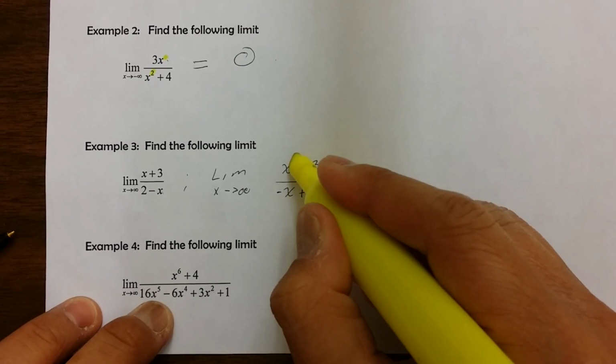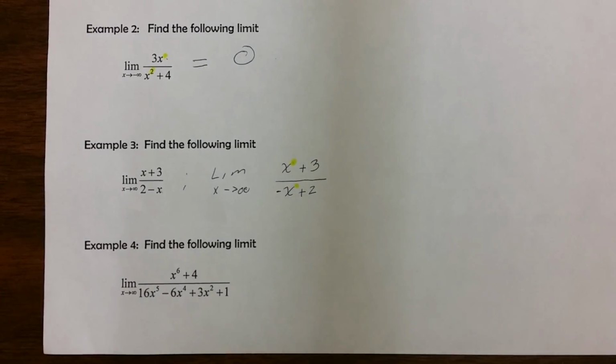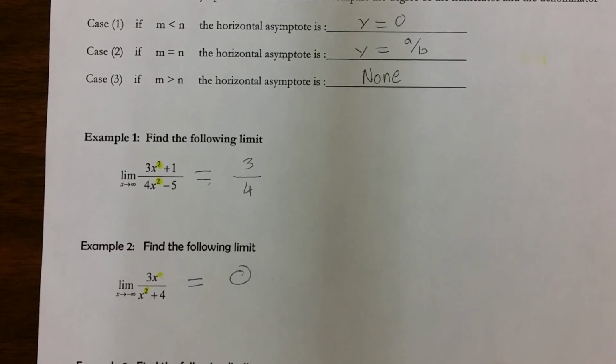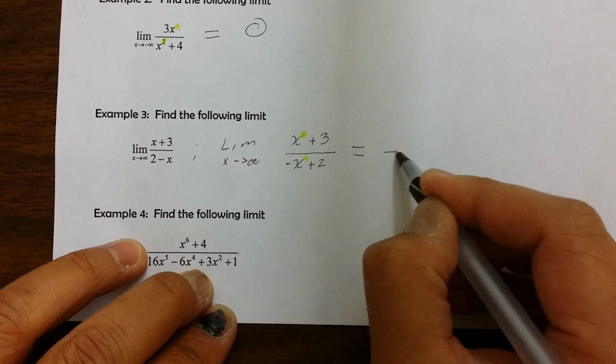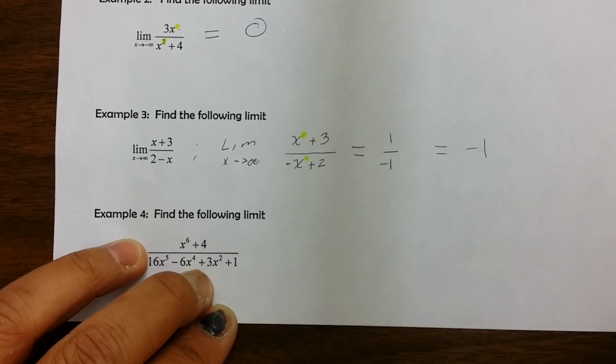If you look carefully, they are the same, so it falls in case 2. Remember that? Then it equals a over b. a is 1 and b is negative 1. So 1 over negative 1 is negative 1. That's the limit of that problem.